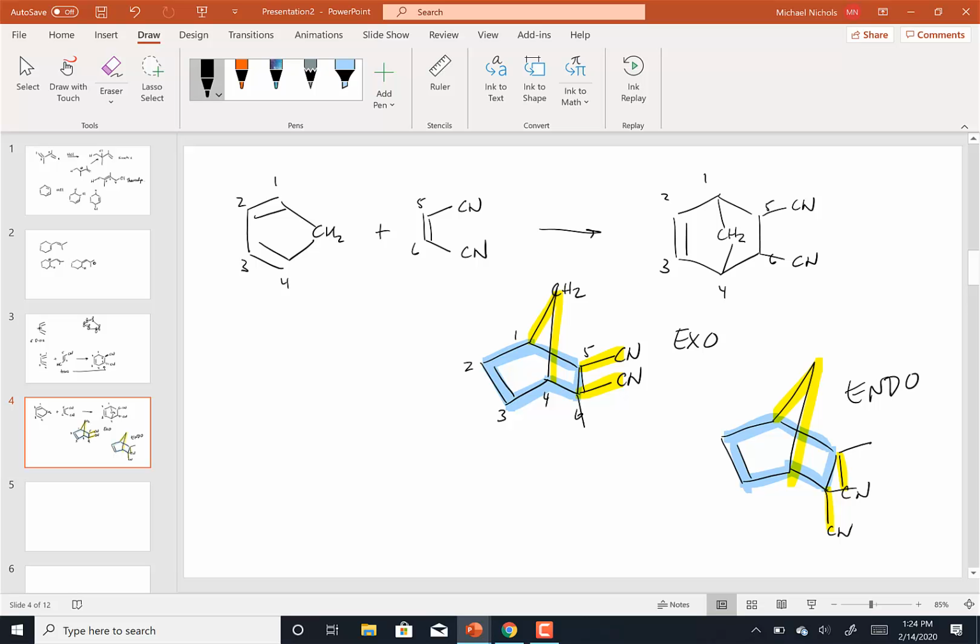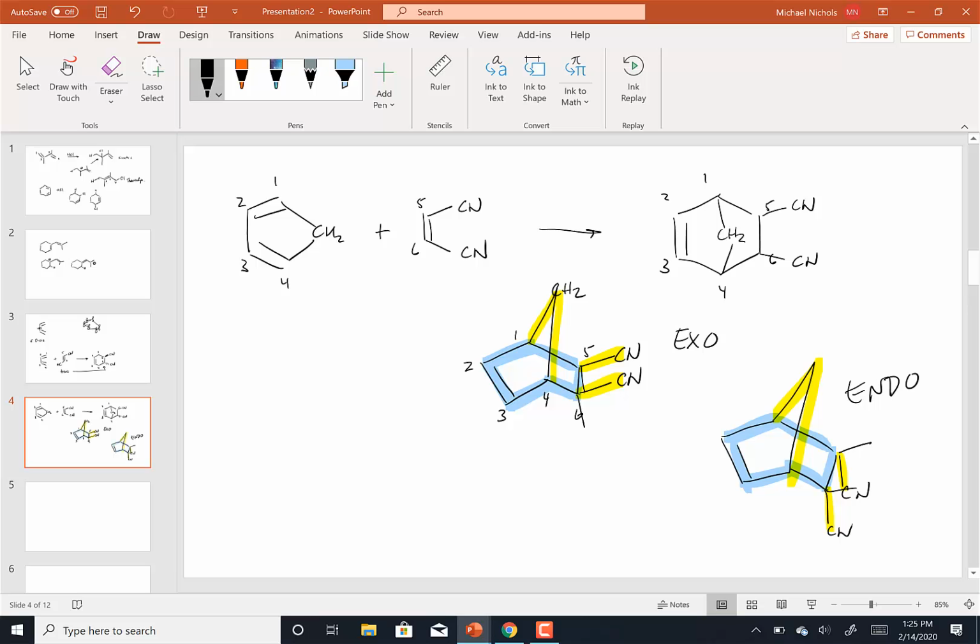If it's a cyclic diene with a trans alkene, there is no endo and exo. In that case, you would just have one above, one below. It doesn't matter. So that's the technical definition of what endo and exo is.